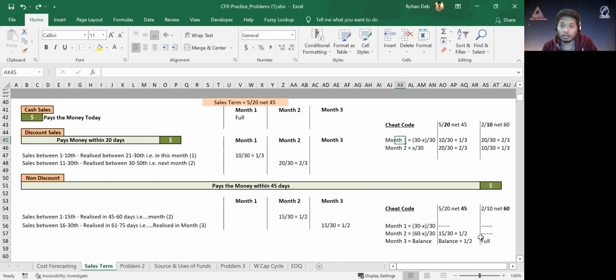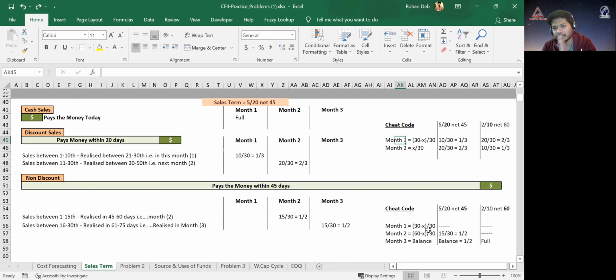Hopefully you understand the concept through the previous sums, but for the exam you can use this. If it's more than 60, just do 90 minus x by 30. So if it's 75, it will be 90 minus x by 30. Because this is 45, it's 60 minus x. If this was 25, you would have used 30 minus x.